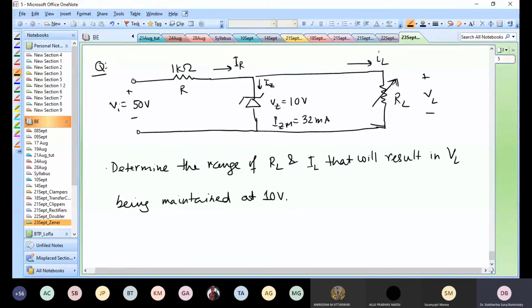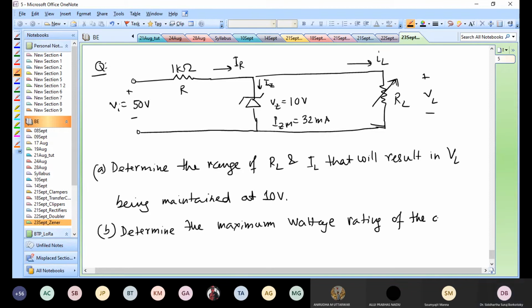And there is another part to this question. Determine the maximum wattage rating of the diode. It's just a fancy way of saying: what is the maximum power this diode can handle? Let's do part B first.